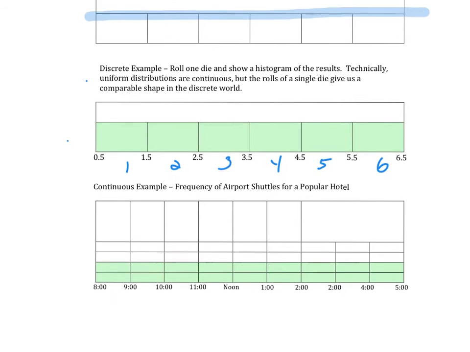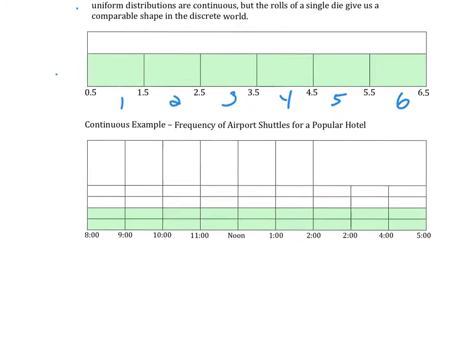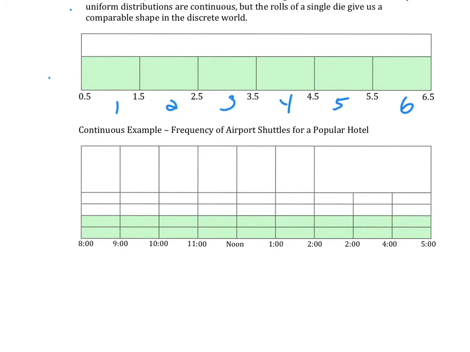A continuous example of a uniform distribution might be a frequency of airport shuttles for a popular hotel. So if we have any, of course the horizontal axis is time, so it's a continuous variable. Any time could work for a shuttle going to and from the airport.